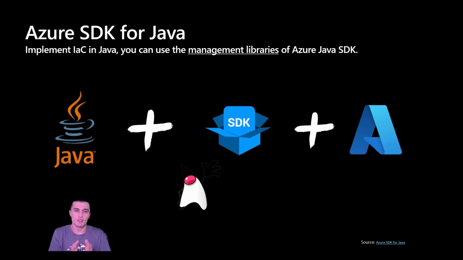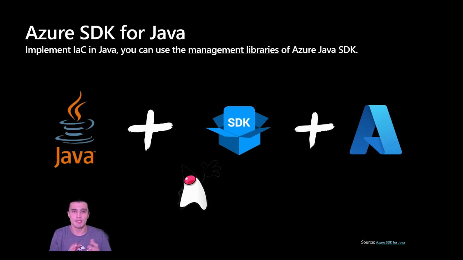In addition to this, Azure offers an open source Azure SDK for the Java programming language that simplifies provisioning, managing and using the Azure resources right from the Java application code. To implement infrastructure as code in Java, you can use the management libraries of this Azure Java SDK.